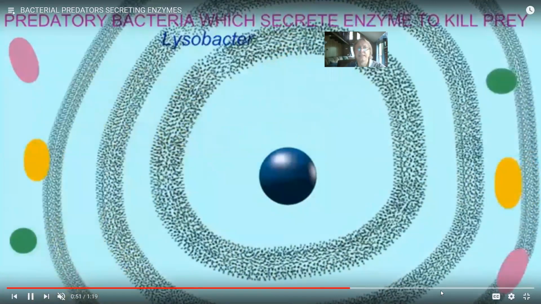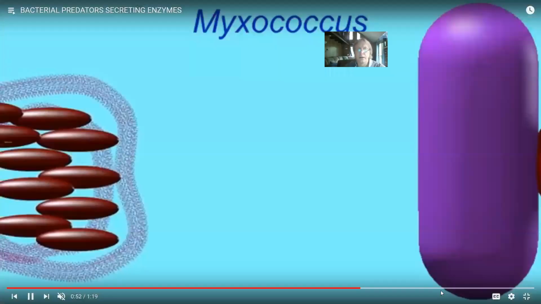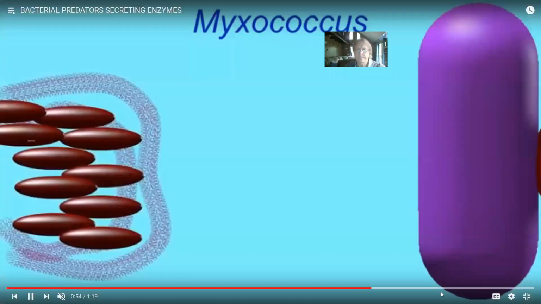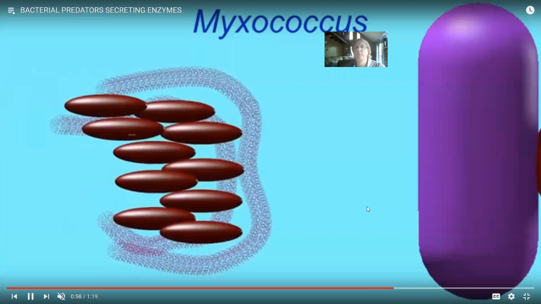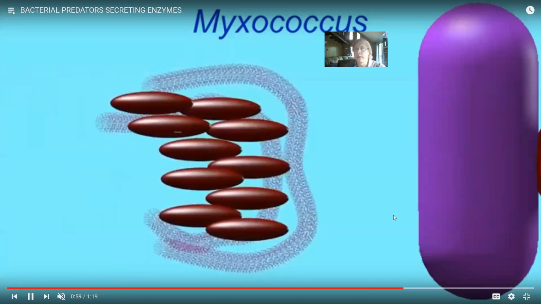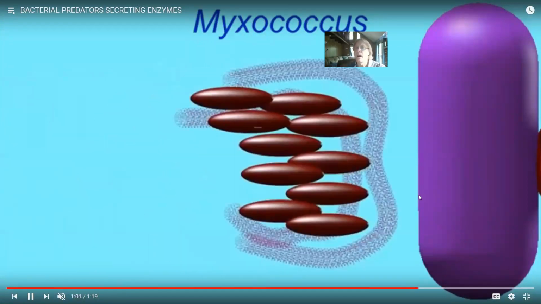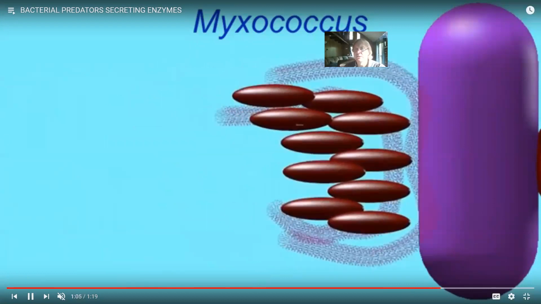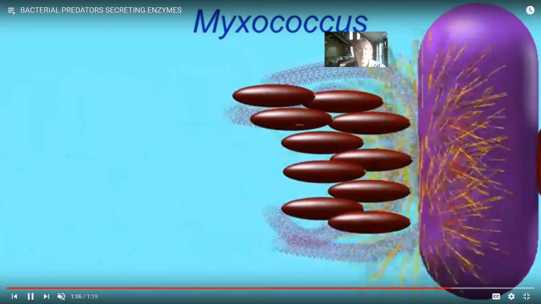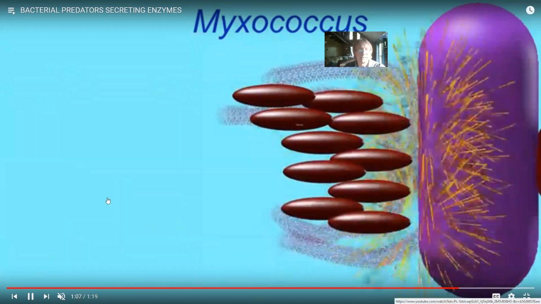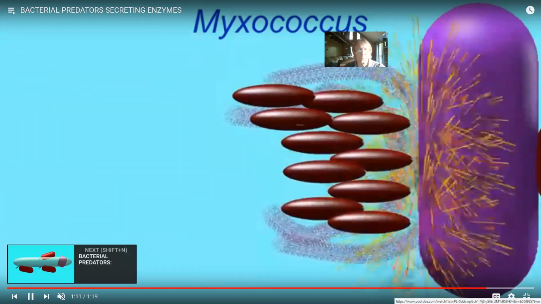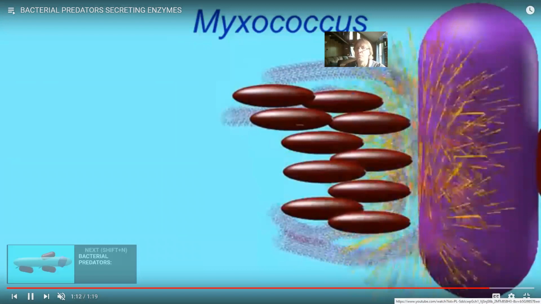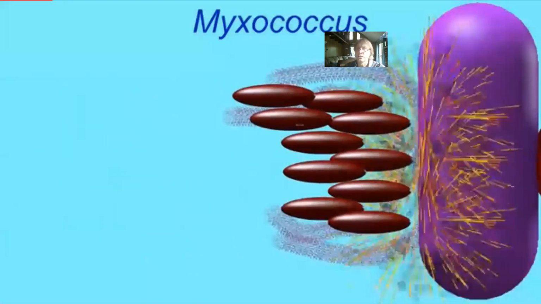So this is one type of way that bacteria can prey on other organisms. Myxococcus does the same. It can cause cells to burst and absorb nutrients. So that is one type of predation. There are others as well.